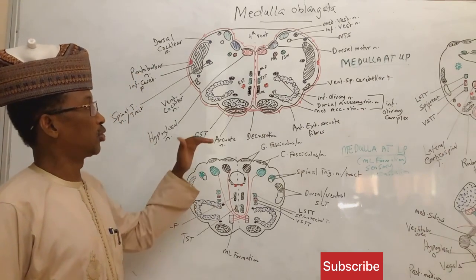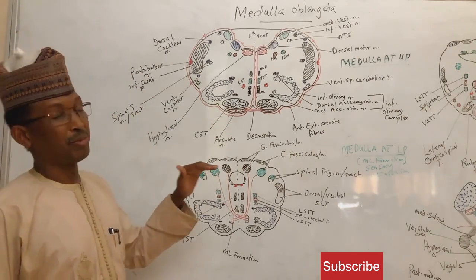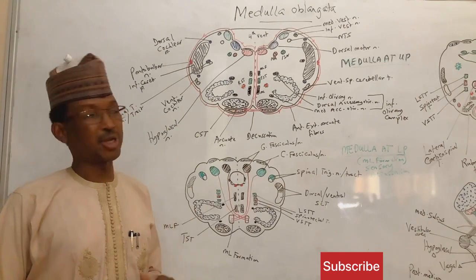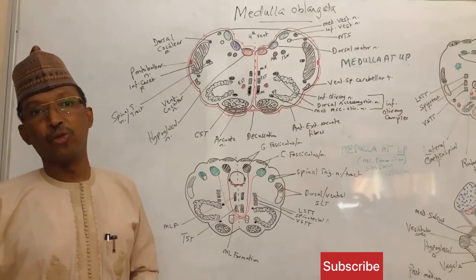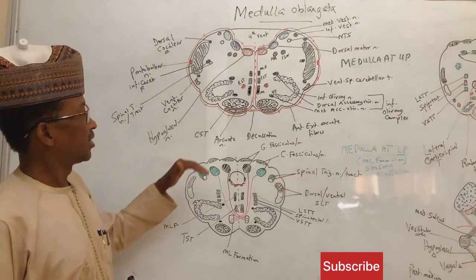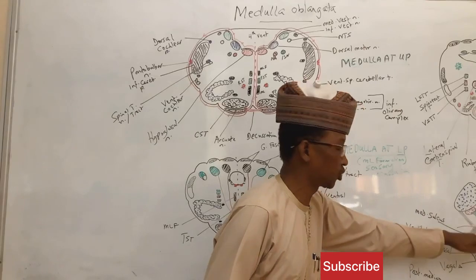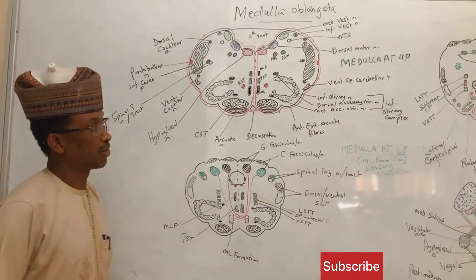If you want to explain the internal morphology of the medulla oblongata, you have to make about 3 sections. You can make 2, or, for easy understanding, you can make 3 of these sections. One section at what we call the open part of the medulla oblongata, if you look at the posterior part of the brainstem.